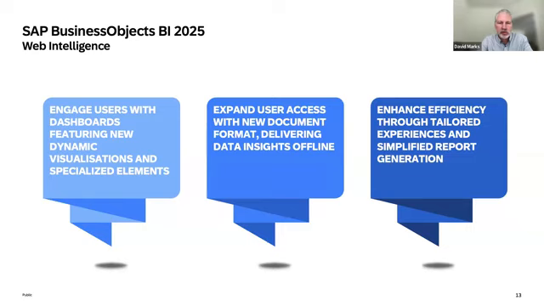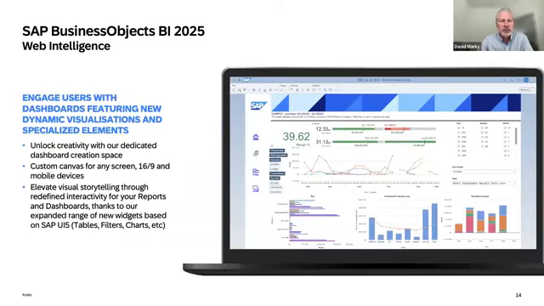So not just the old CVOM visualizations, but UI5 components, and there'll be more added. Those are primarily used for these new dashboards, using these specialized elements. Thank you, Kevin, for showing how those would be used. And these are available for tables, filters, charts, and really to enhance storytelling.